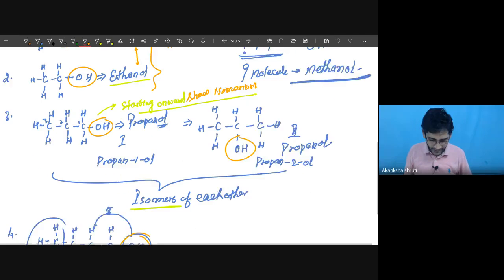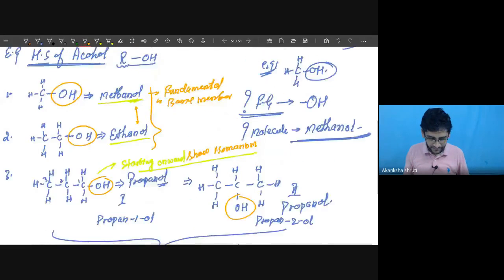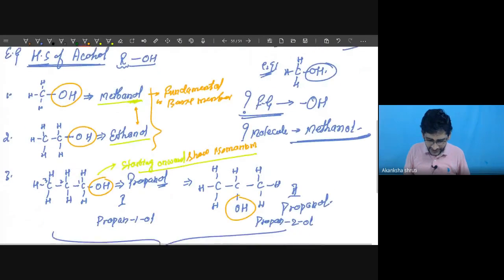What we are observing here is that most of the properties are always the same. So we are saying that the chemical properties are the same, but which property is changing? The physical property.